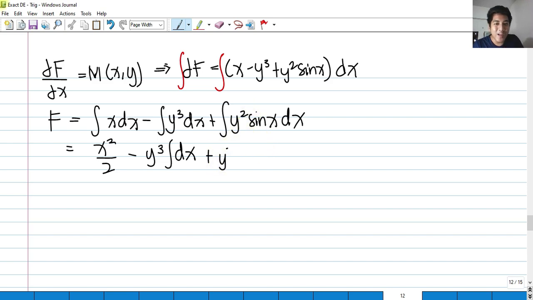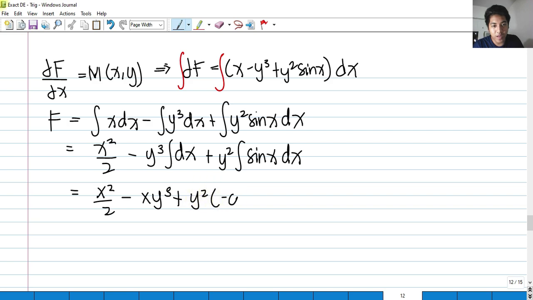So we have y squared integral of sine of x dx. So x squared over 2 minus integral of dx, which is x multiplied by y cubed, plus the integral of sine, which is negative cosine of x. So we have y squared multiplied by negative cosine of x plus q of y.